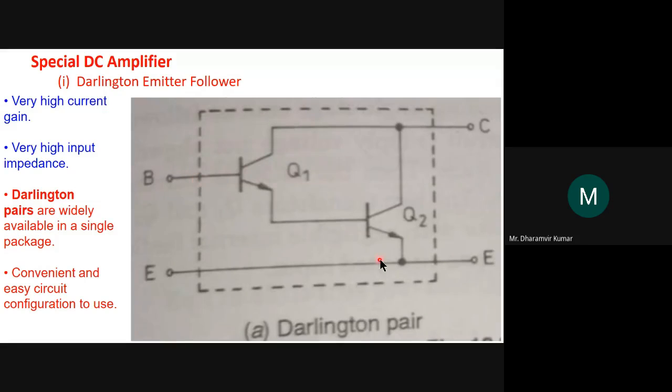As a result, the output current in the emitter branch will be very high compared to the base current of the input terminal. That is why it has a very high current gain, and it also has a very high input impedance, because the output is taken across the emitter terminal. In that sense it is a common collector amplifier, so the collector terminal is common between the output and the input.